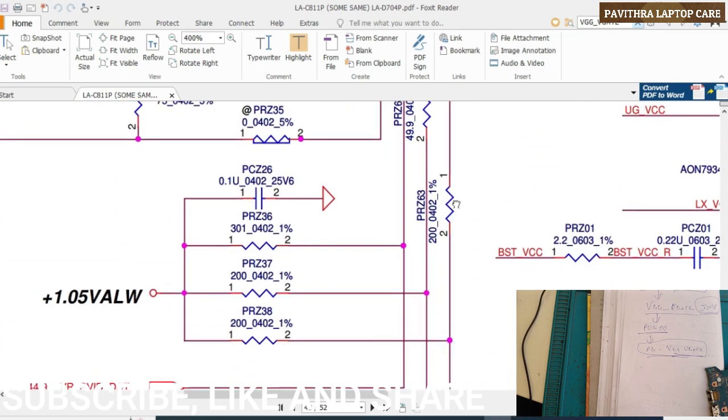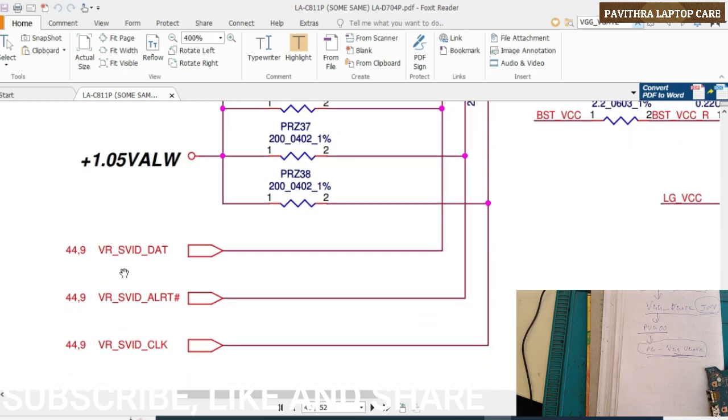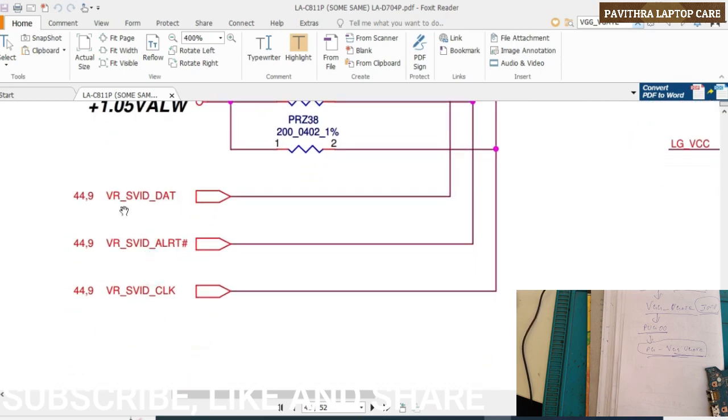Through the resistor, 1.0 volts always, and it's coming from 1.3 volts always pull up resistors, and that signal is from where? CPU. See, that is SVID data, SVID alert, SVID clock.